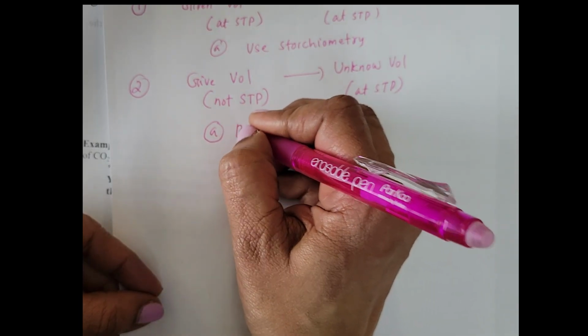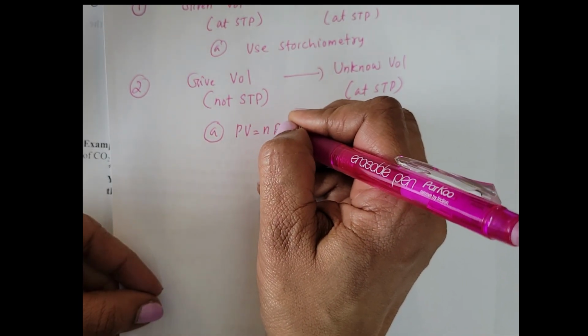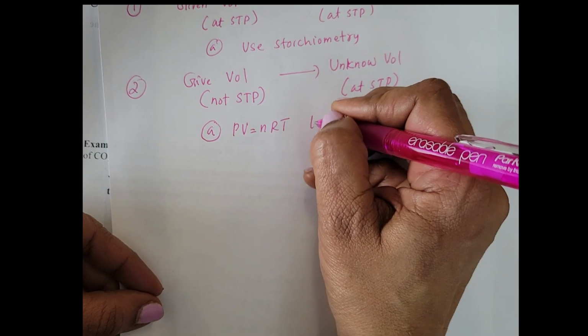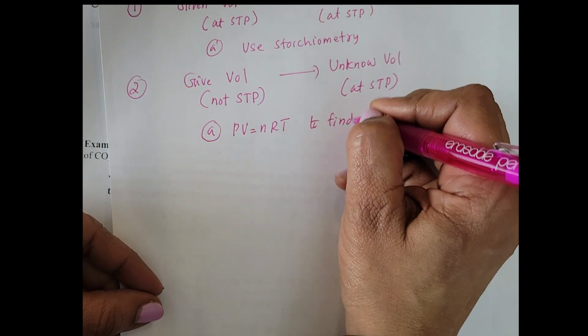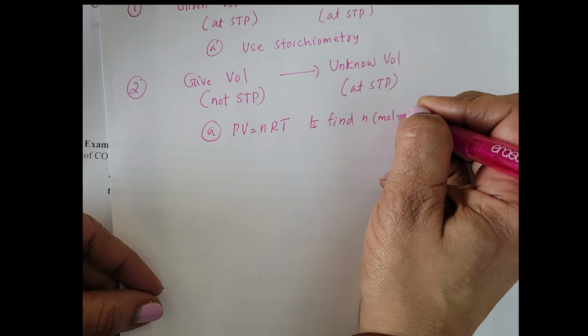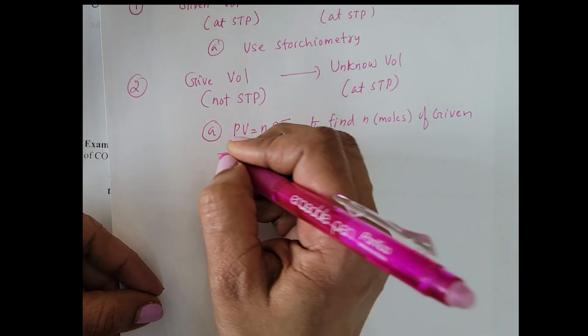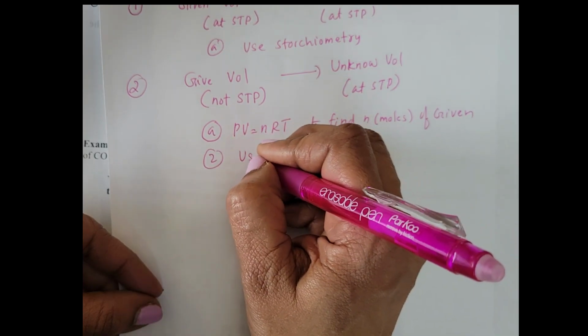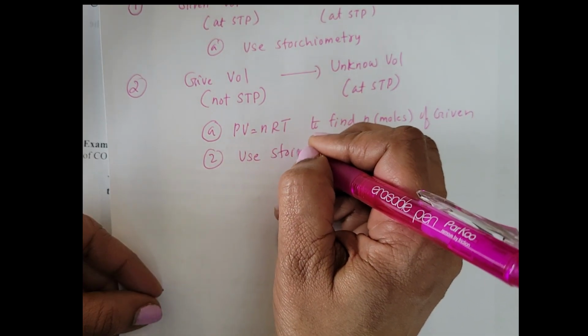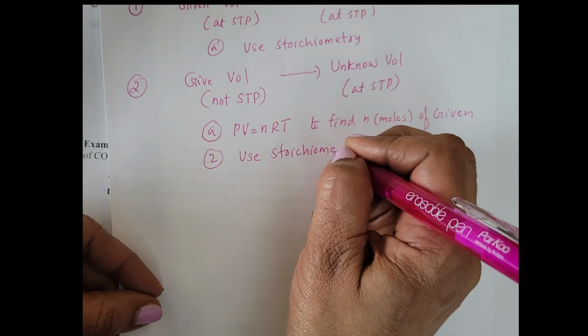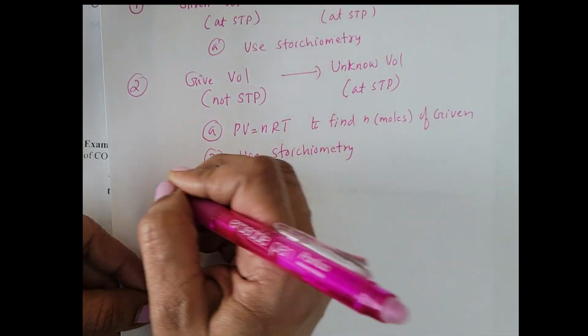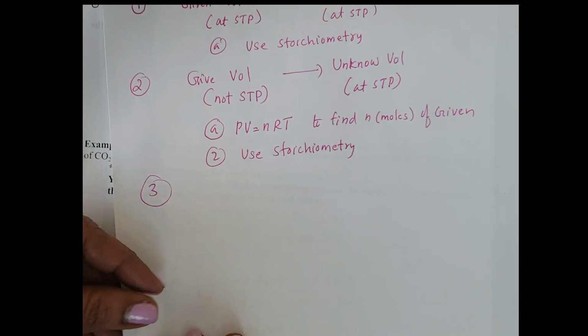First, you are using the PV equals nRT equation to find n, which is moles of given. Then second step, use Stoich. Let's see the third type of question. That's the one we are going to do.